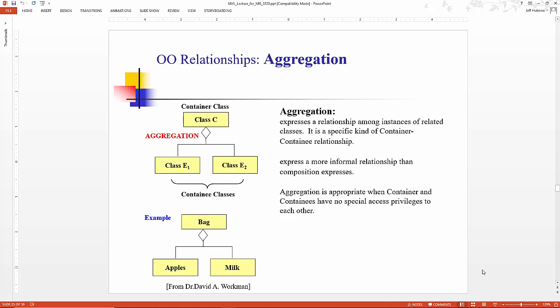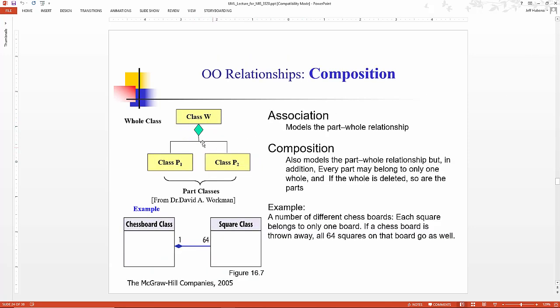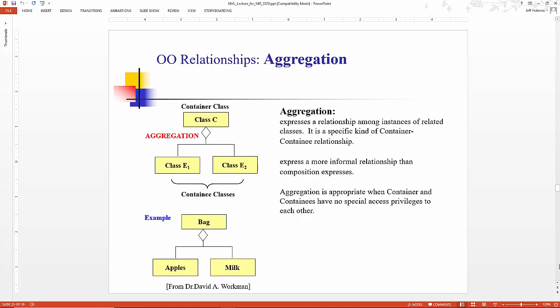And note that aggregation also uses a diamond, okay, where this is the container. Aggregation shows container-containee type relationships. We had a diamond in composition too, but it's a filled-in diamond. Okay, so diamonds are used for both compositions and aggregations, but if it's a composition, which is whole part, it's filled in. If it's aggregation, it's not filled in.